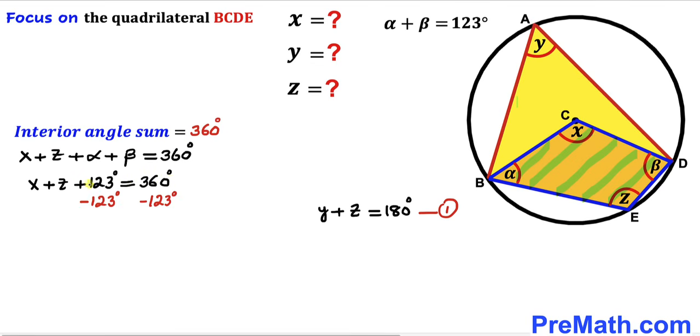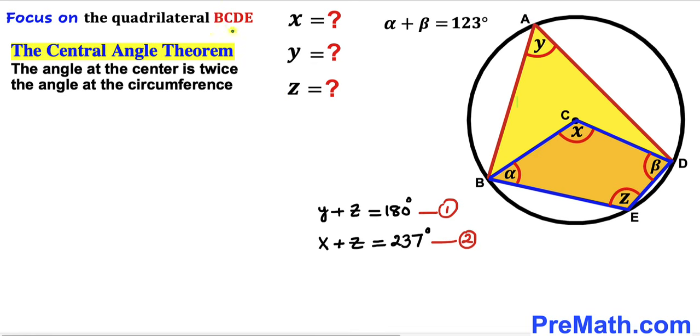Now we subtract 123 degrees from both sides, so angle X plus angle Z turns out to be 237 degrees. I'm going to label this as equation number 2.